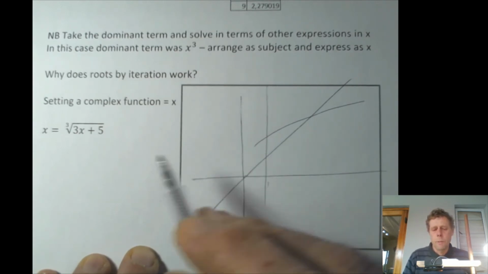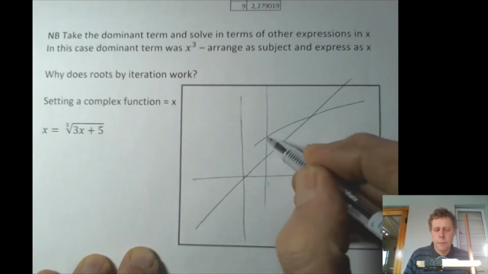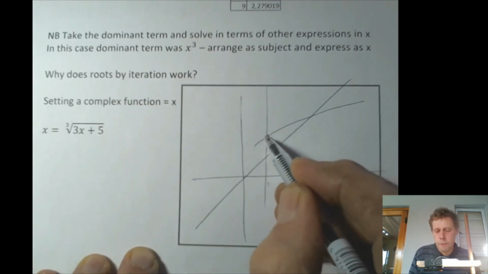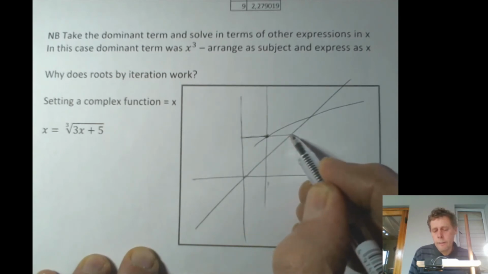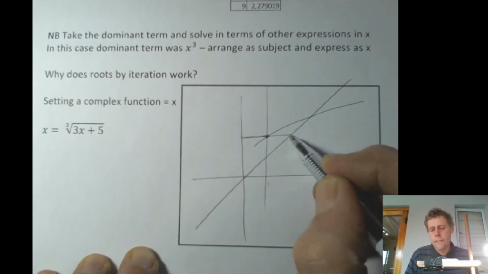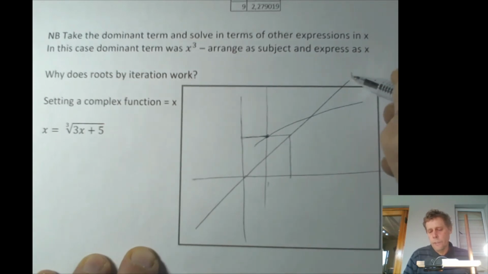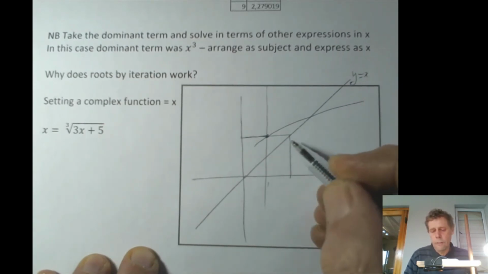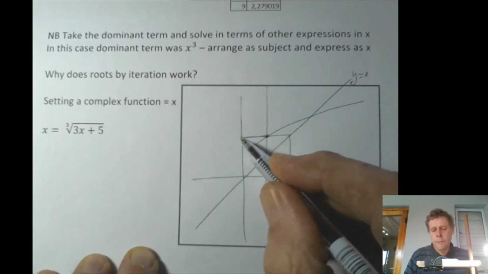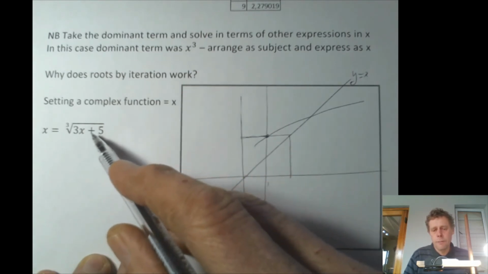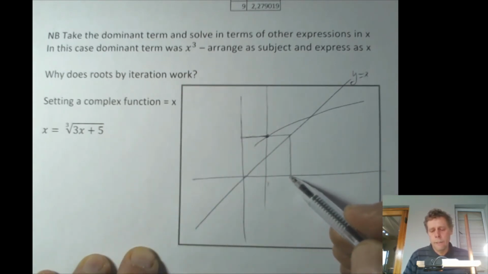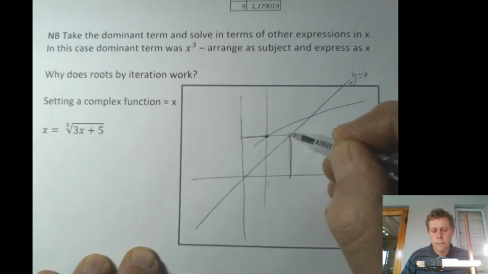Now, we put 1 into our complex equation, and we get a y value. There's my y value. But that y value now is also my x value, because this is my y equals x curve. So the y value that results from my function now becomes my x value, which I put back into my complex function.